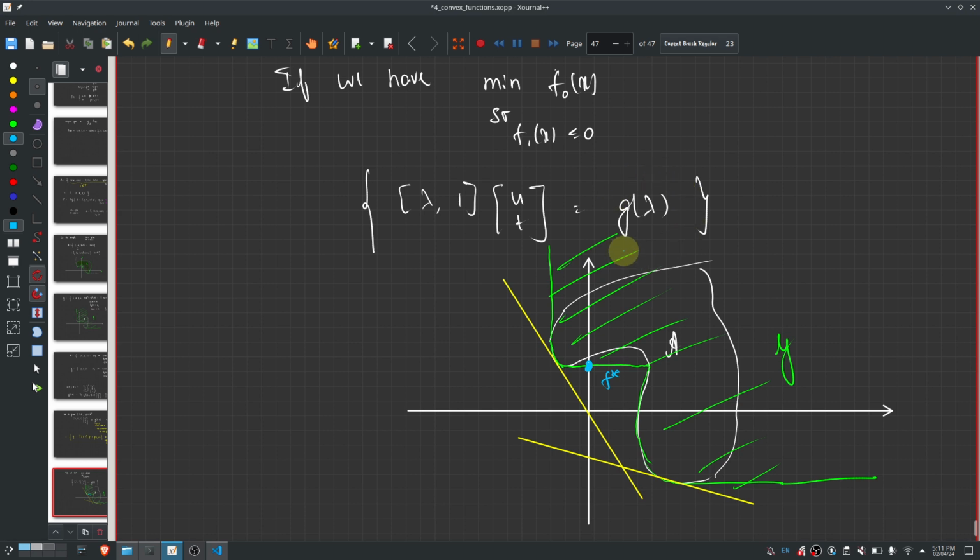What is g of lambda equal to? So this would correspond to one supporting hyperplane or one tangent, right? And the tangent is of the form (lambda, 1) inner product with (u, t) is equal to g of lambda. Correct? So what is g of lambda equal to? If I give you an arbitrary plane, geometrically, what is g of lambda equal to? Yeah? Point of contact with?